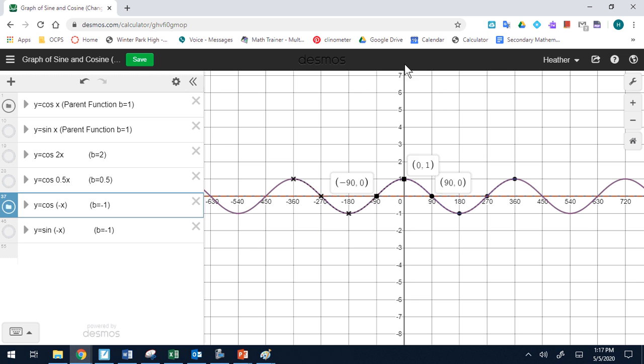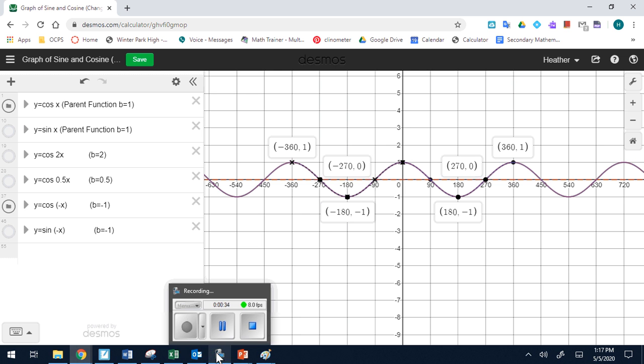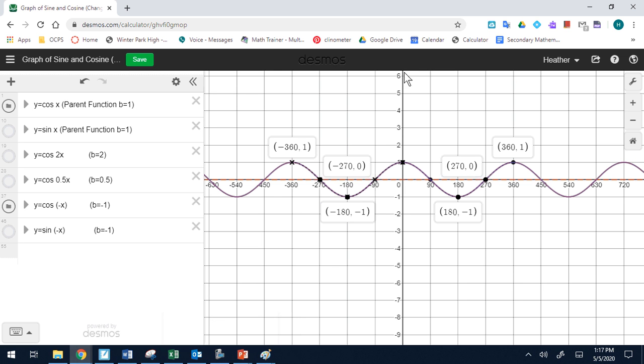I am reflecting it across the y-axis instead of across the x-axis. 180, -1 becomes -180, -1. 270, 0 becomes -270, 0. 360, 1 becomes -360, 1. So with our cosine, what's happening is it's reflecting it across that y-axis, but because it's got symmetry from the y-axis, it's the same, okay?